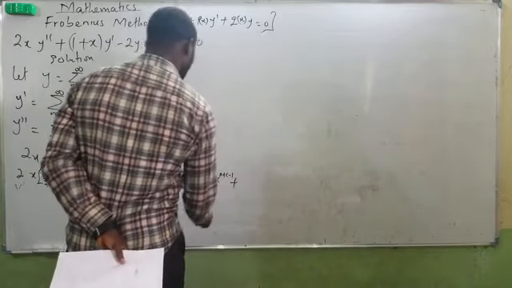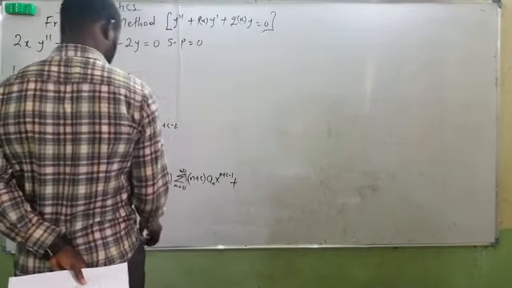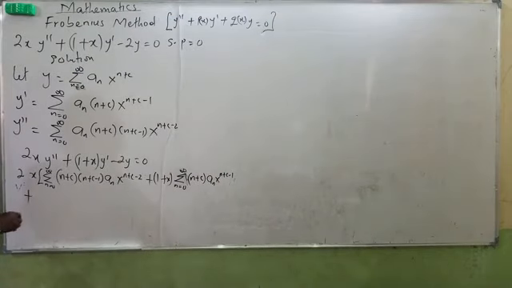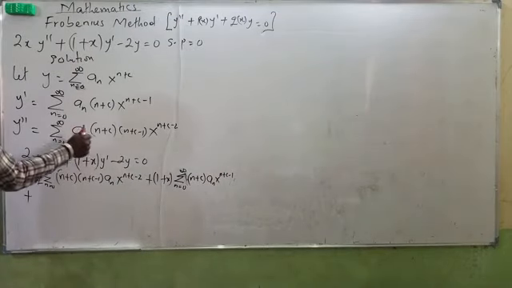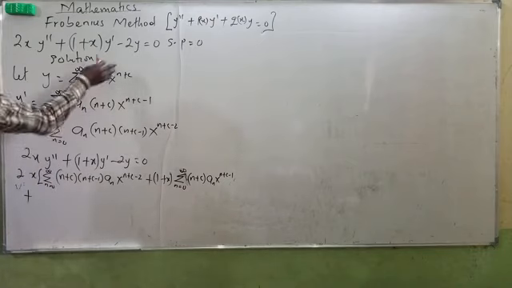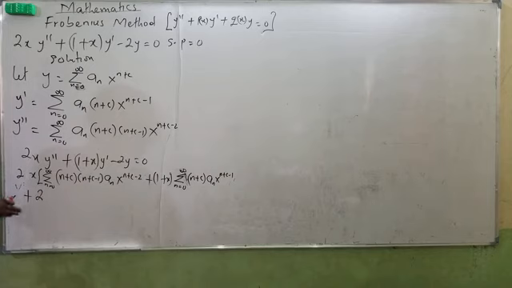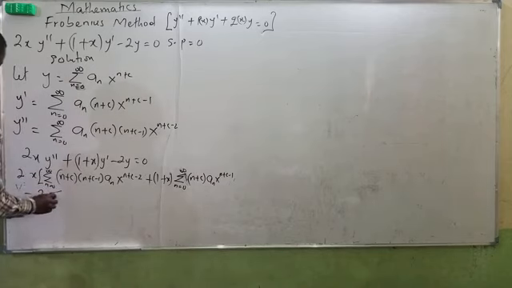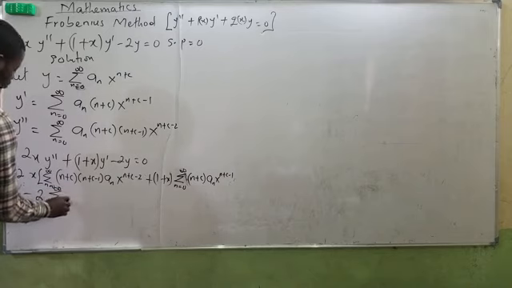Let me just continue like this. Plus the last part of it will be minus 2 and my y, the counter running from 0 to infinity of y.